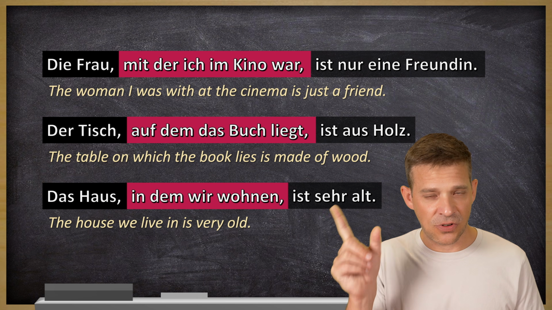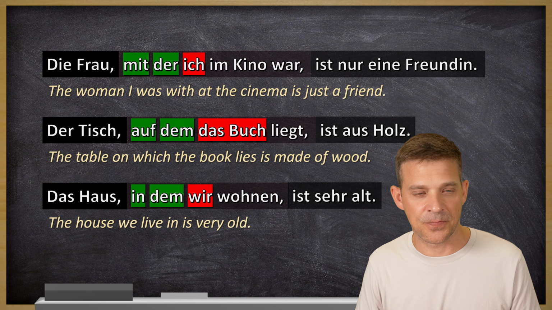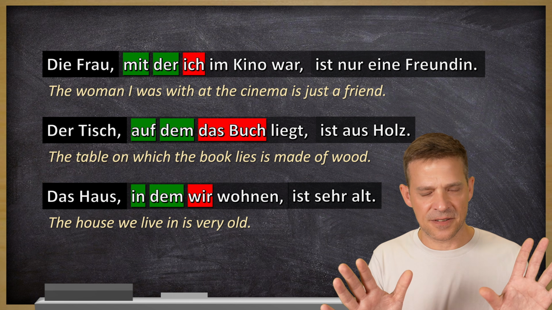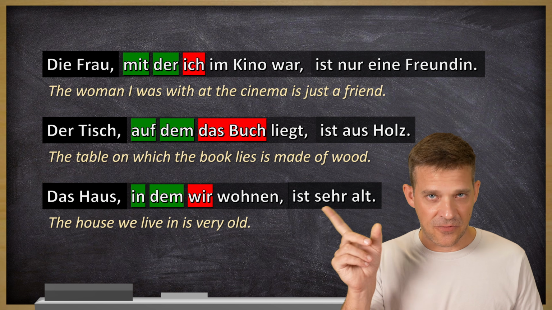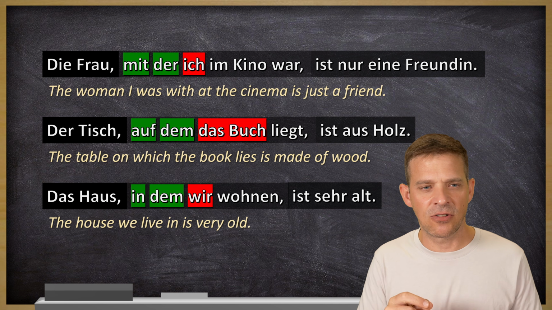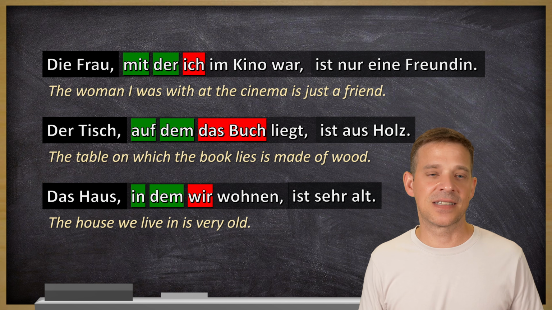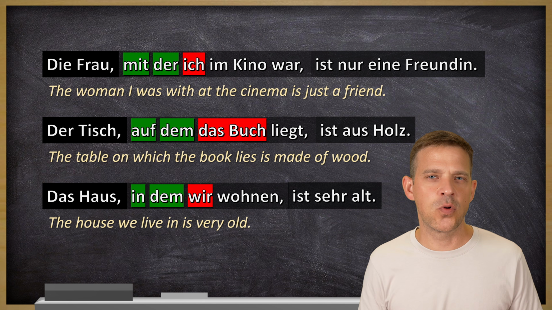When we look at all these three relative clauses here, we always have a preposition. So when we look at the cases, mit always takes the dative case, nothing to worry about. Die Frau mit der: die Frau is feminine singular, that's why mit der, relative pronoun in dative feminine singular. Second example, auf dem das Buch liegt.